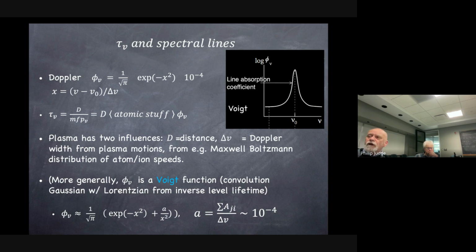That's a 1 over distance from line center squared plus something, and it's very narrow, but it has quite broad wings. In the wings of the line it's just 1 over distance from the line center squared, so it's an algebraic fall off.